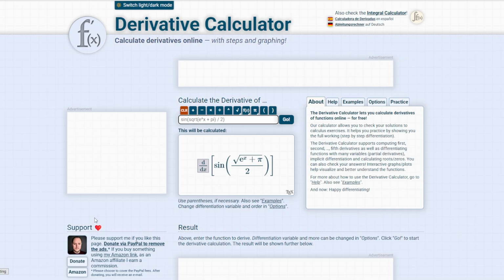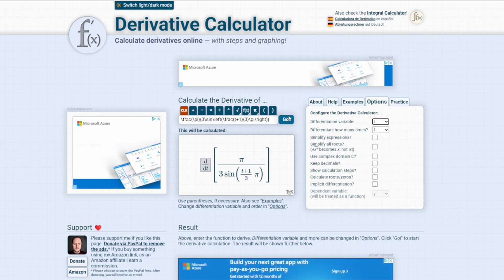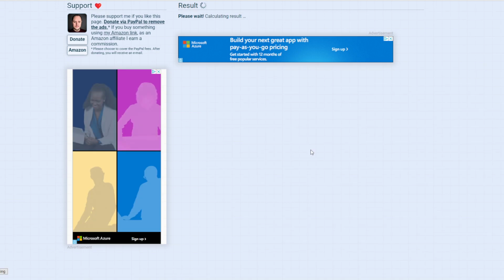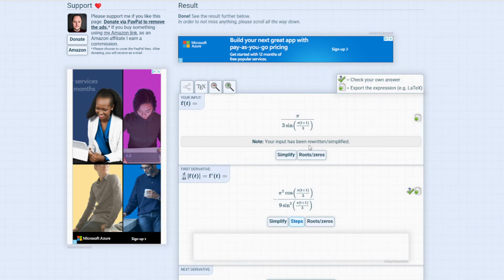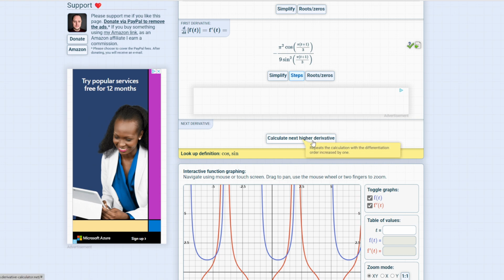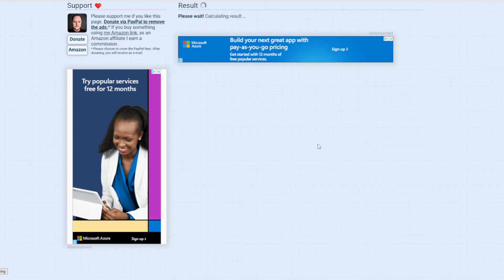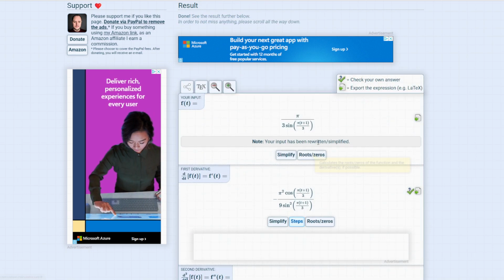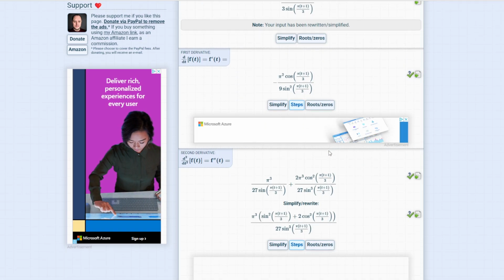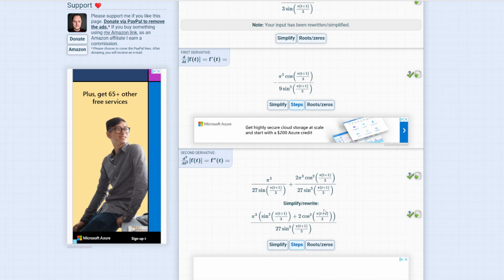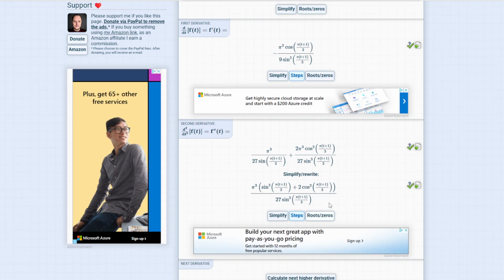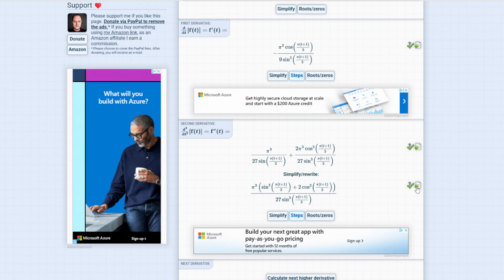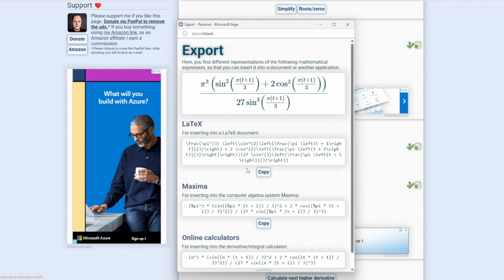We will plug in this function and we will differentiate with respect to t once. And that's pretty messy. And then we will calculate one more derivative. And the good thing about this is it puts it in more or less its simplest form. So we're going to have this. So let's go ahead and copy this.